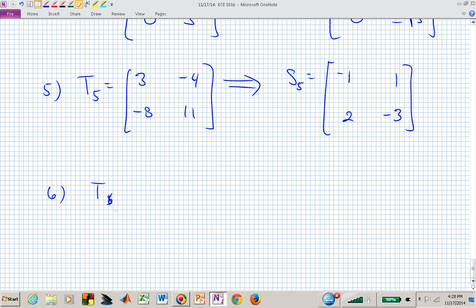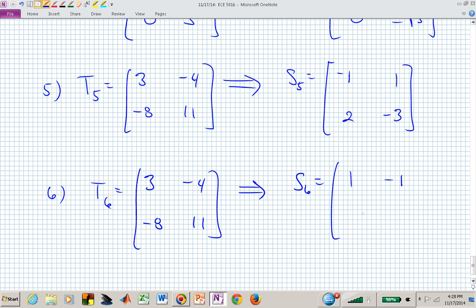T sub 6, I'm getting confused because it's the same as t sub 5, but I'm going to give a different square root. This one is now 1 minus 1 minus 2, 3.